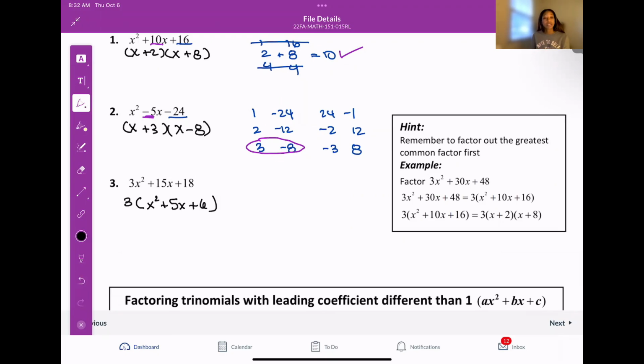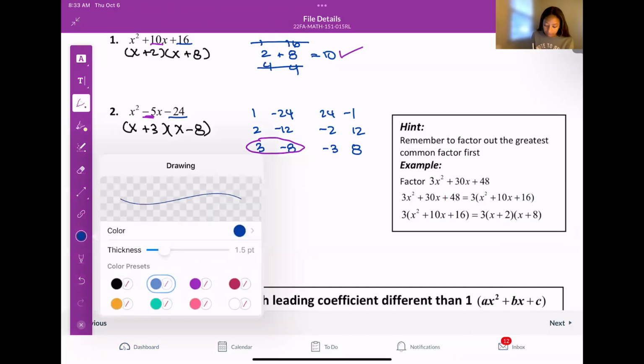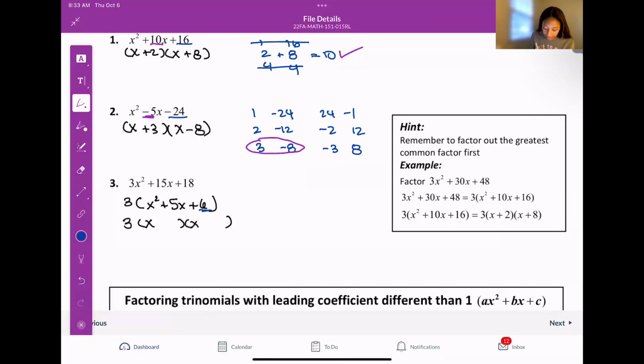And then in the parentheses, we're left with a trinomial that has a leading coefficient of 1. So this is going to factor to 3 times x plus something and x plus something else. This time, we're going to need the factors of 6 that add to 5.